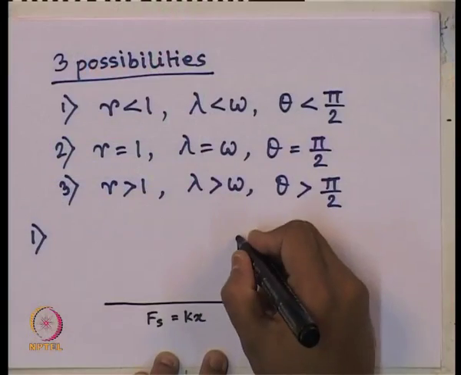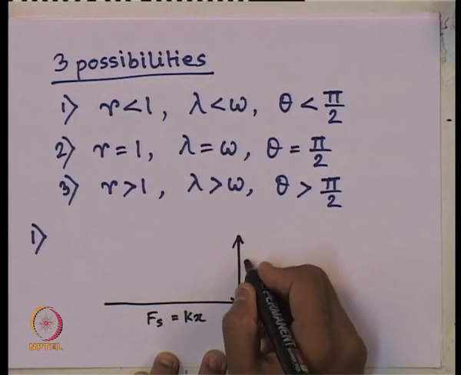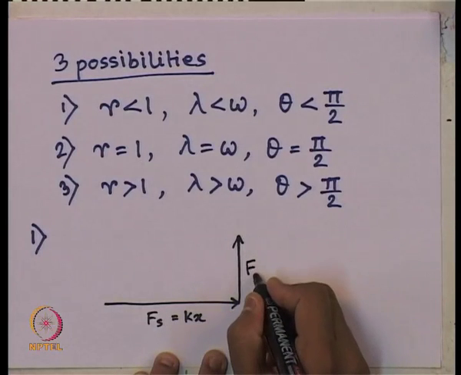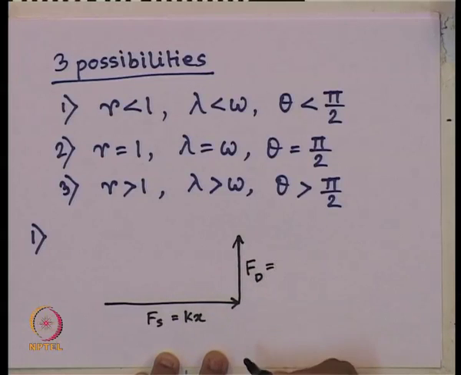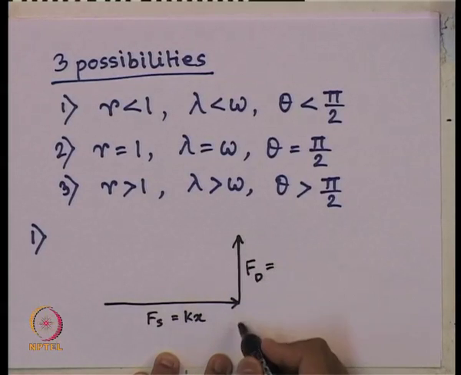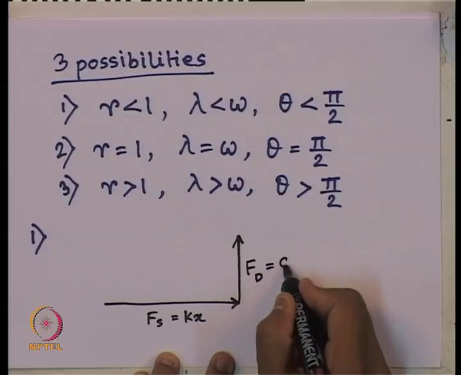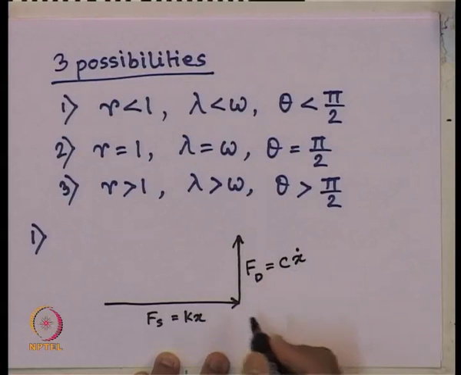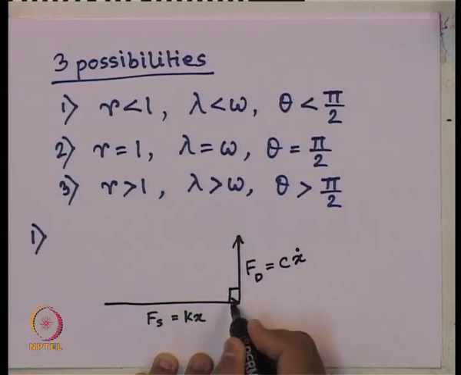The damper force F d is nothing but c times x dot. So, that x dot is at 90 degree phase with respect to the displacement function. So, this is now F d, the damper force equals c x dot. It should be 90 degree phase with respect to the displacement function.